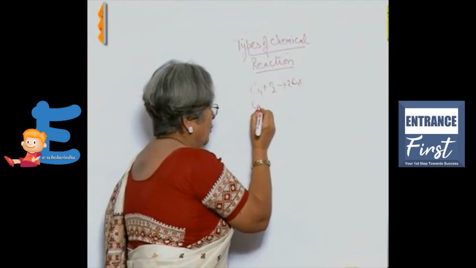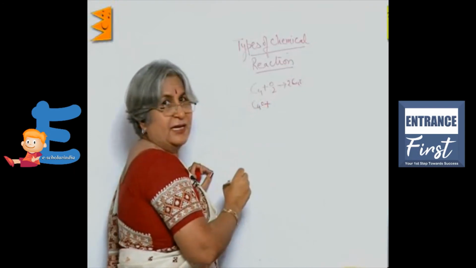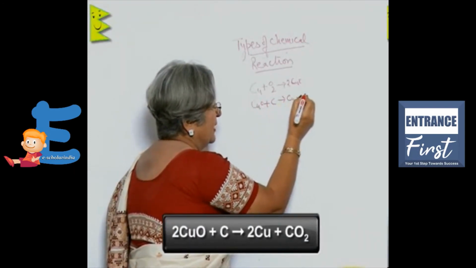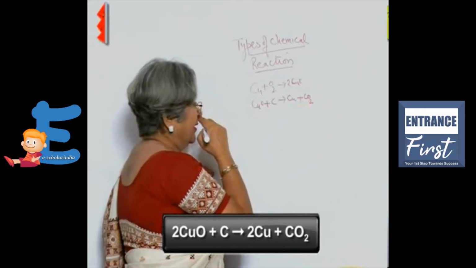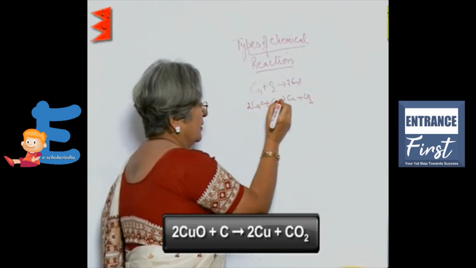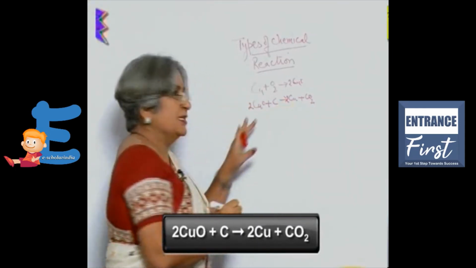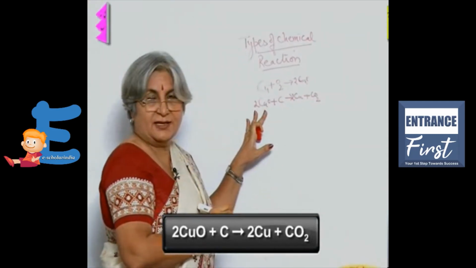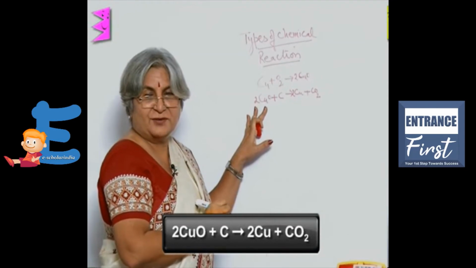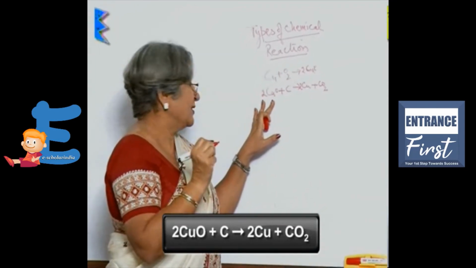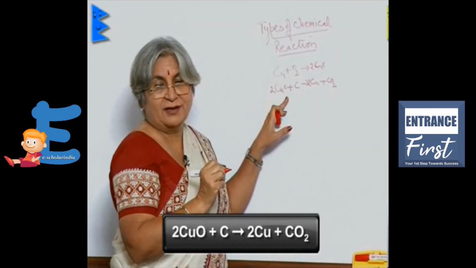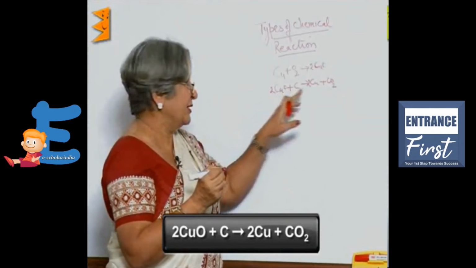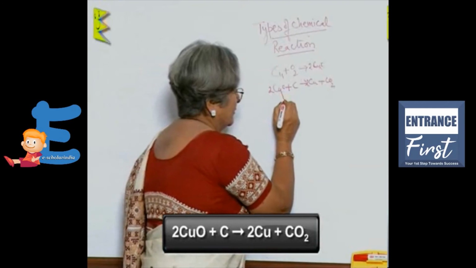Now another aspect. When CuO, copper oxide, is heated with coke, what we get is copper and carbon dioxide. So what has happened? Oxygen has been removed from the oxide, and so what will we say? Is it oxidized or reduced? Because there is removal of oxygen, we will say it is reduction. So copper oxide has been reduced to copper.